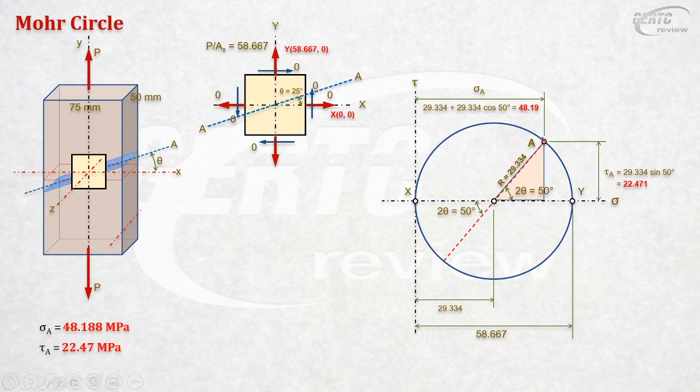You might ask me, sir, how about this point? What's the relevance of that? This is a trivia. If this is the x, this point represents the stress on this axis, on this x, sigma x. That's the stress on that.